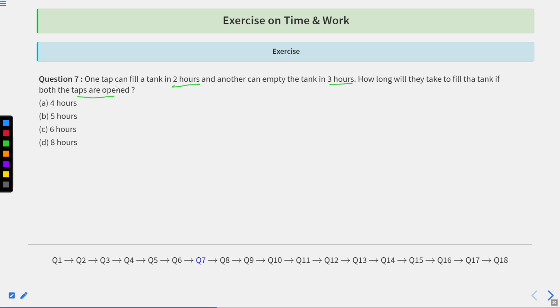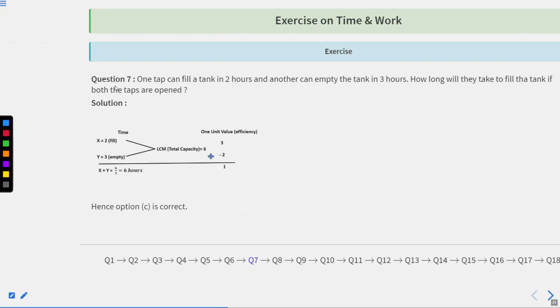So if I turn on both the taps, from one end I'm trying to fill the water and from the other end I'm trying to take out the water. So definitely one tap fills the water in 2 hours and another empties the tank in 3 hours. That means the rate of filling the tank is faster, so the tank gets filled faster. So how much time will it take to get the tank filled completely?